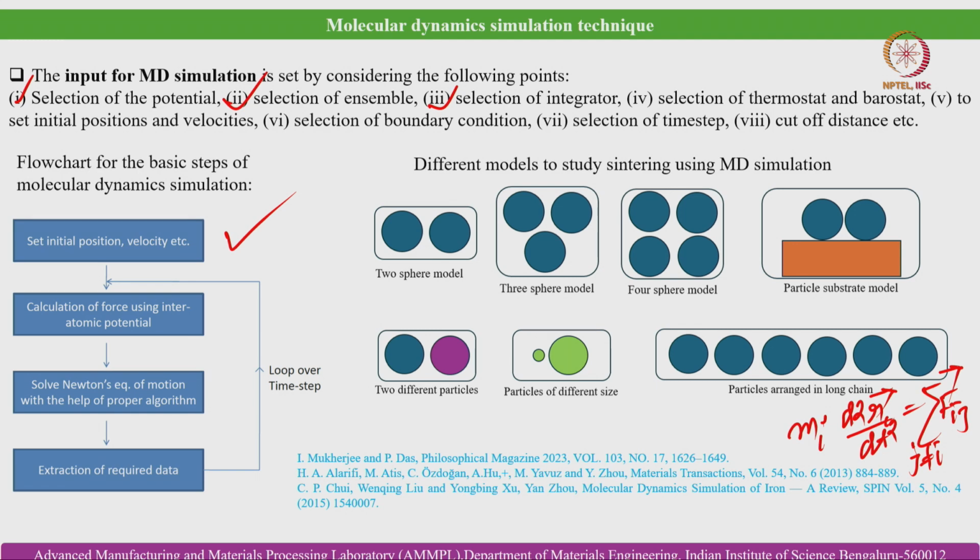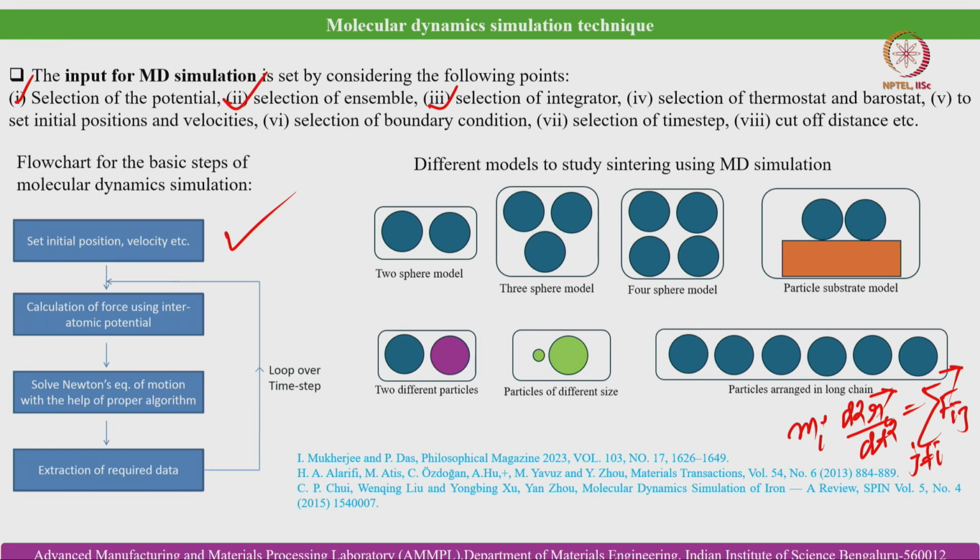So this is a typical F equals m a. This is basically Newton's equation, which is the fundamental of any physical process. This equation of motion has to be solved with the choice of a proper algorithm, and then the required data extracted.